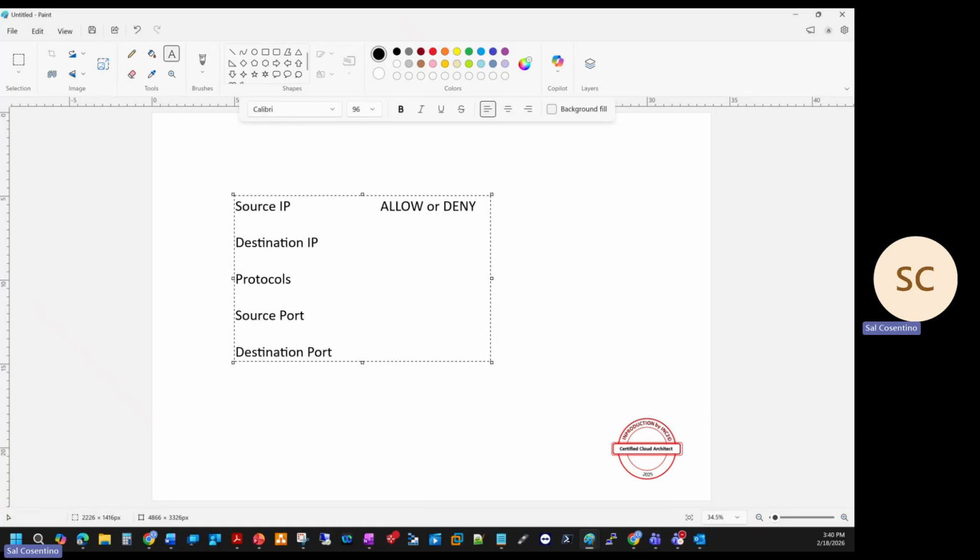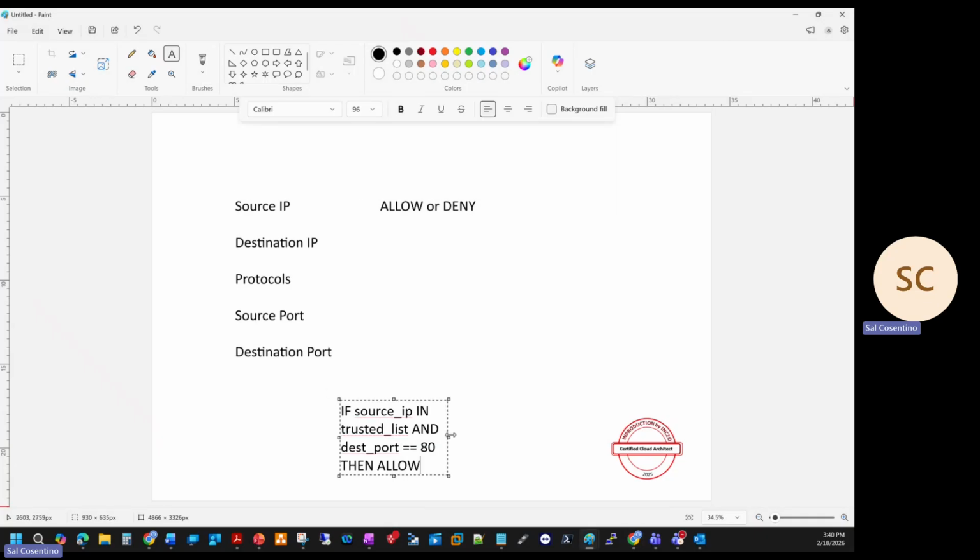Again, very simple in its simplest type. If we were to give you a rule logic, here's something I've seen as a rule: if source IP in trusted list and destination port equal 80, then allow.